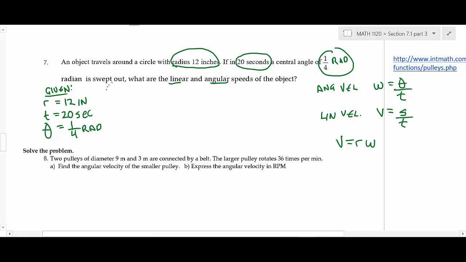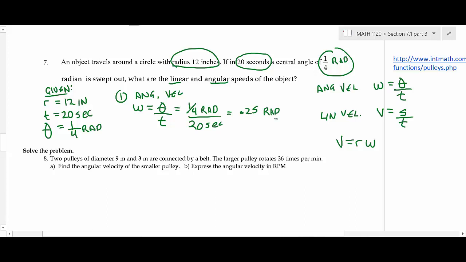So the first thing we're going to do is the angular velocity. The formula we're going to use is omega equals theta over t, where theta is in radians. So we've got theta is 1/4 of a radian, and the time is 20 seconds. So that'll give you an answer in radians per second. We're just going to use a calculator on this. 1/4 is 0.25.